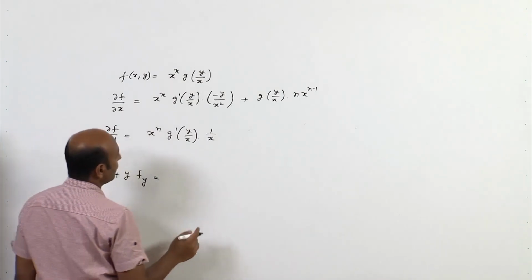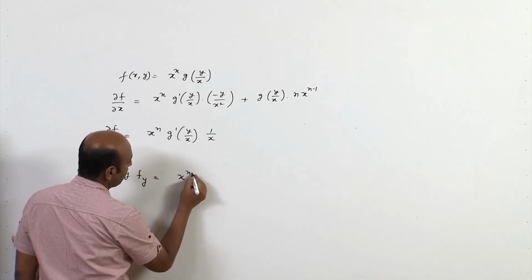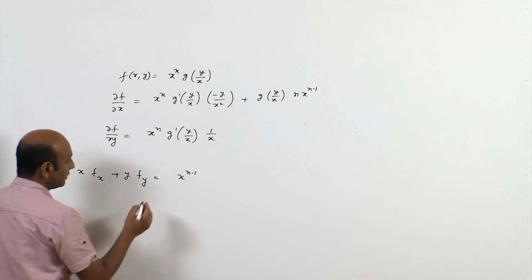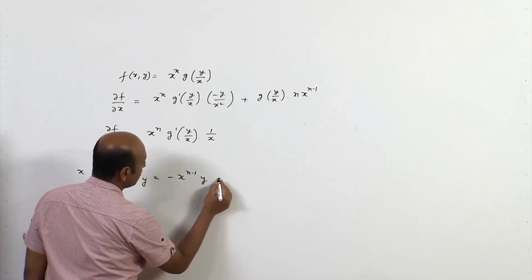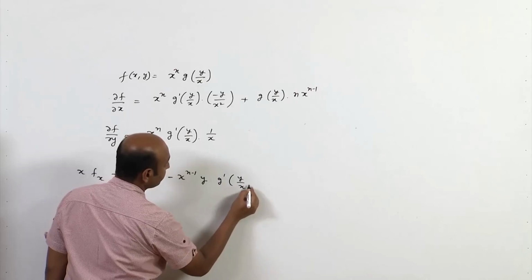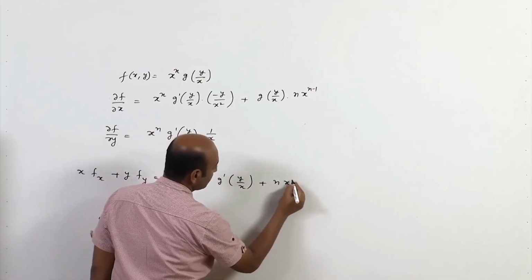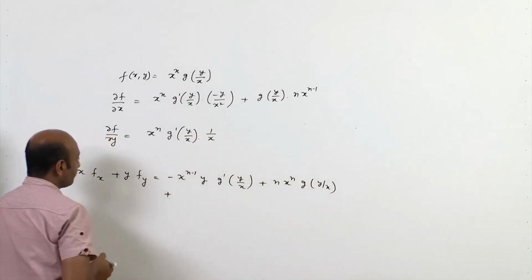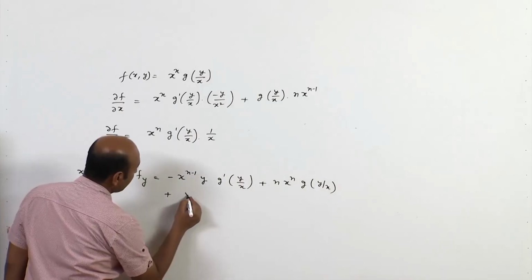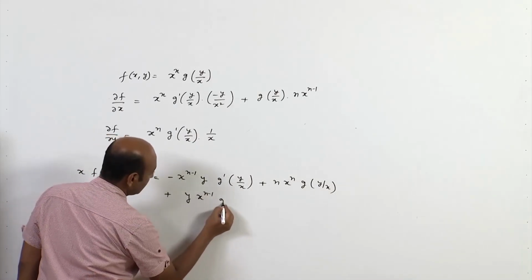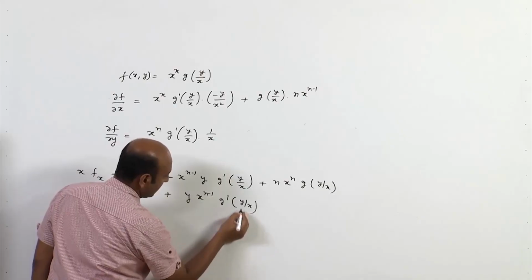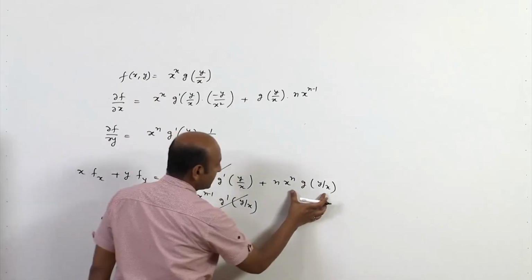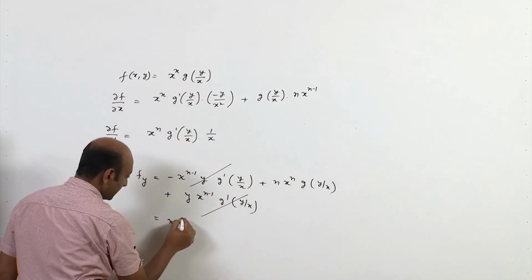What we obtain? We obtain x raised to power n minus 1, because it is x raised to power n minus 2 into x, it is x raised to power n minus 1 with negative sign times y g dash of y upon x, plus n x raised to power n g of y by x, plus, when you multiply by y, it is y x raised to power n minus 1 g dash of y by x, and these two terms cancel out, it is n times, and this is nothing but f only, so it is nf.